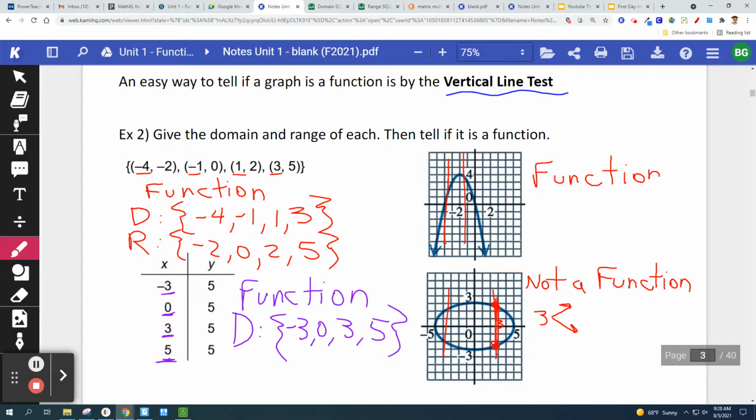It doesn't really matter if you write them in order, but that's usually what you'll see. The range would be the y numbers, and there's only one range, and that's 5. And that's fine. That's like if you had a mapping and -3 went to 5 and 0 went to 5 and 3 went to 5 and 5 went to 5, everything goes to 5. That's still a function.